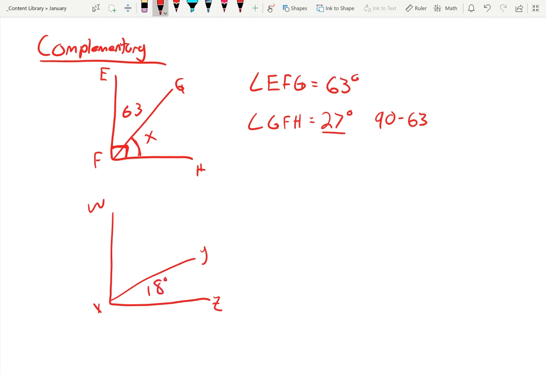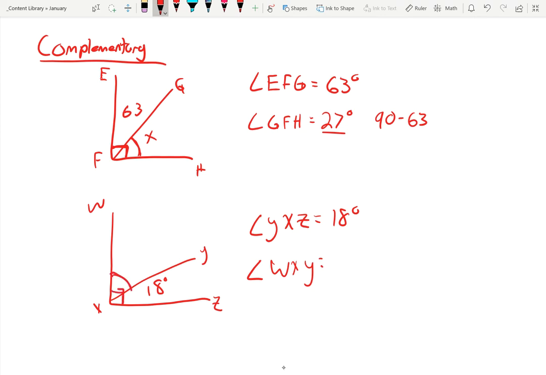All right, so we have angle Y, X, Z. And again, notice the order there is very important. X is the vertex of that angle, so it's the center letter. Angle YXZ is 18 degrees. So what is angle WXY, which is this other wedge?